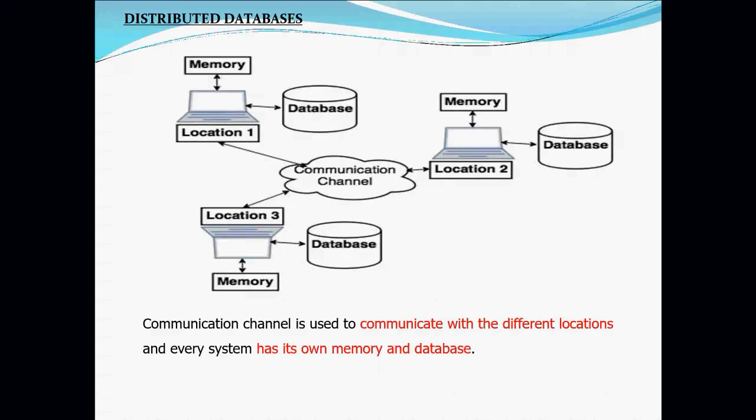Now, whatever I told as a definition is described here as a pictorial representation. If it is a normal database, what we have so far discussed is only this much. We have only one location where we have our database and our machine. When we want to work on some project, we connect to that database, access it, take the information, process it, then load the result into memory.